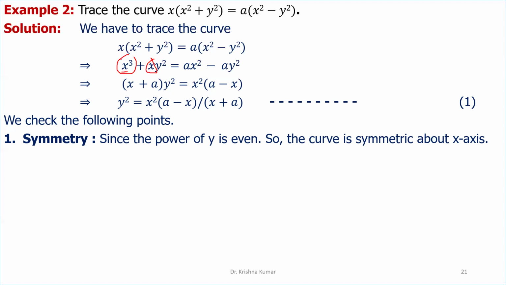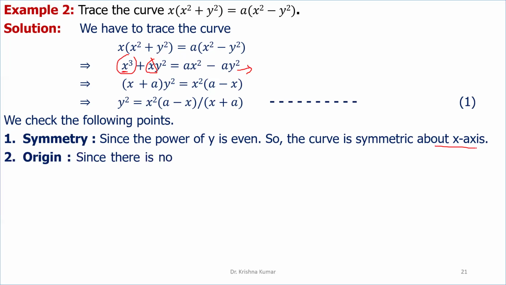So it is also not symmetric about opposite quadrant. If we replace x by y or y by x, the equation will also change, so it is not symmetric about line y equal to x. Similarly, we can easily prove that it is also not symmetric about line y equal to minus x. Hence, the given curve is only symmetric about x-axis.